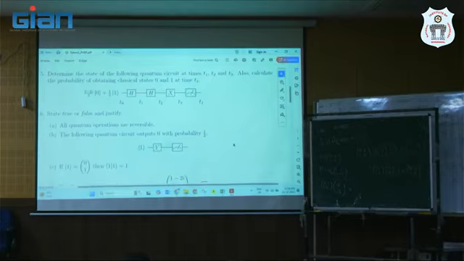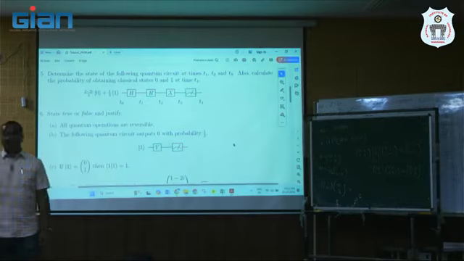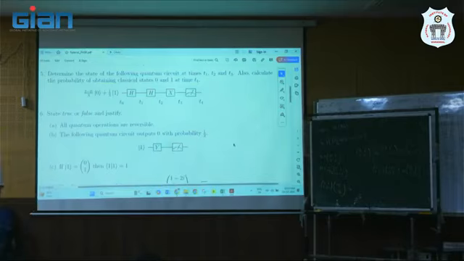6a, all quantum operations are reversible. Earlier someone asked whether the AND gate has an equivalent quantum gate. I remember one participant asked this question. For the classical NOT gate, we have the corresponding quantum gate. Similarly, we also have the CNOT, control NOT gate.